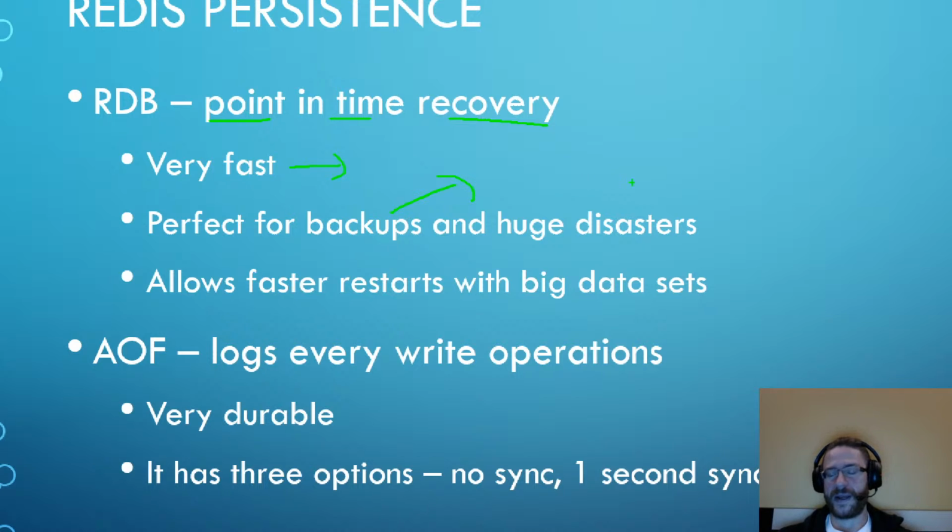It means that if I create an RDB backup 5 minutes ago, I will have 5 minutes of lost data if a disaster happens. And the RDB allows a faster restart with big datasets. So if we have an RDB backup and the Redis instance crashes, or for example, the electricity crashes, and the Redis instance needs to be restarted, it will populate the data from the RDB. But it's a point-in-time recovery.